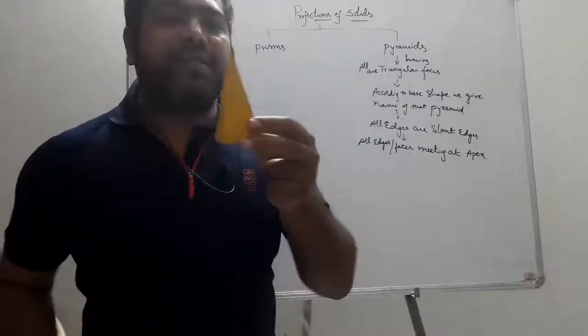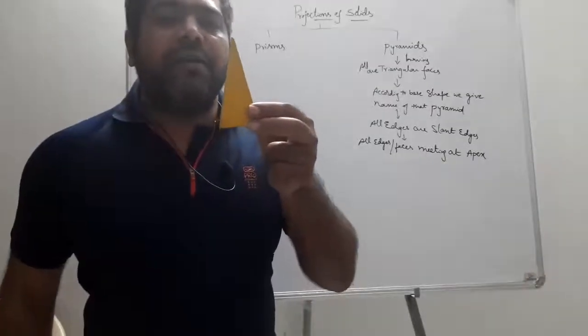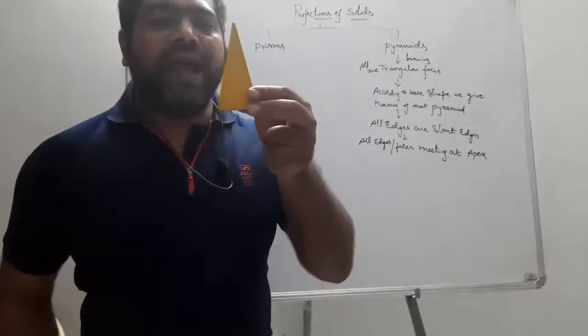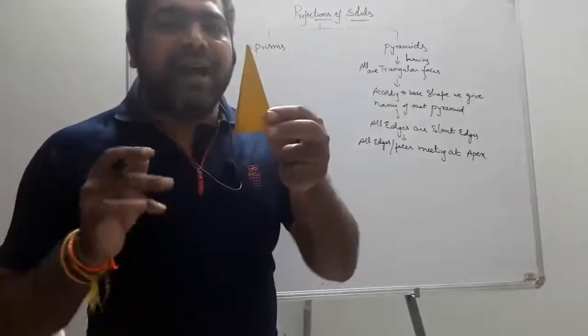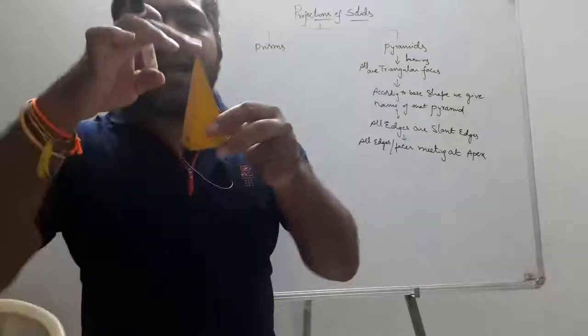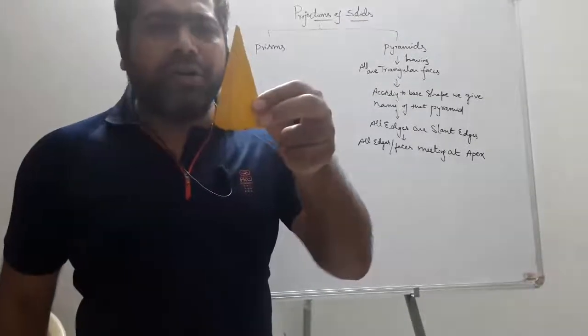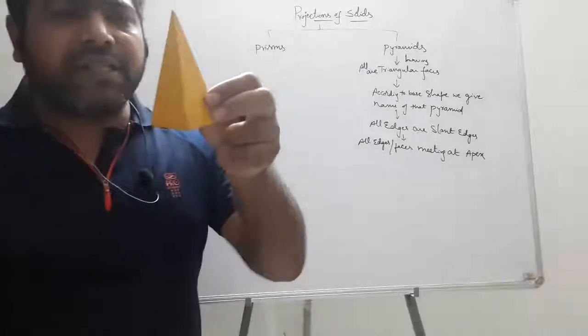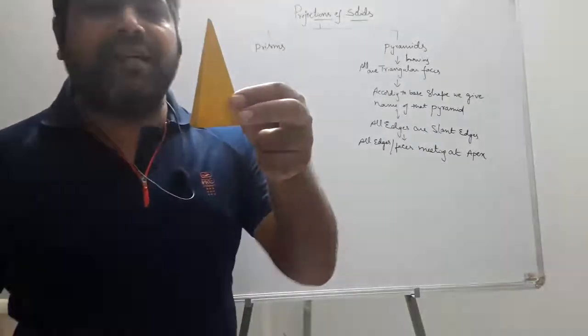And you just notice that this is going to have an axis joining the center of the base and apex. Are you going to see this axis of the solid? No, it is imaginary.